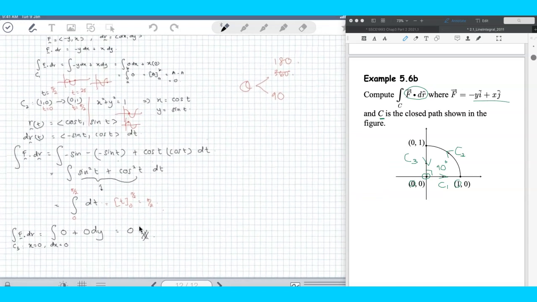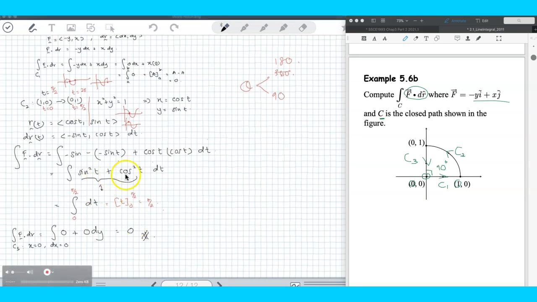Okay. But if you want to check, maybe you want to just verify whether the answer is 0, you can change the C1, because C1 we also got 0, right? You have to change C1 and C3 in terms of t, and I'm sure that your answer will also be 0. You have to find the vector function of the line segment in terms of t.